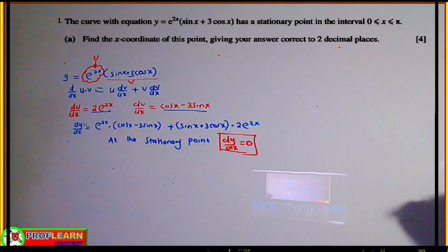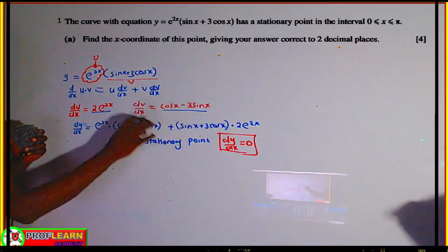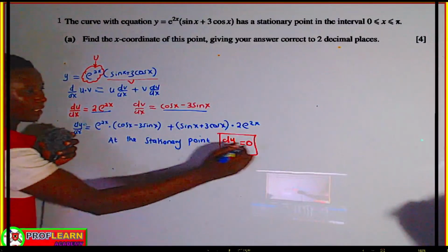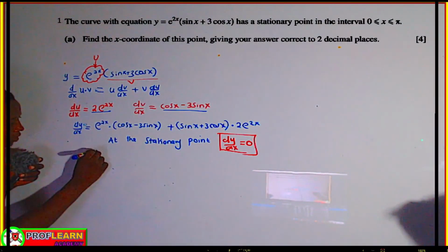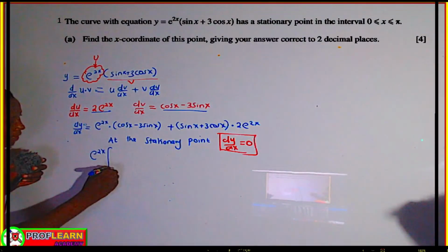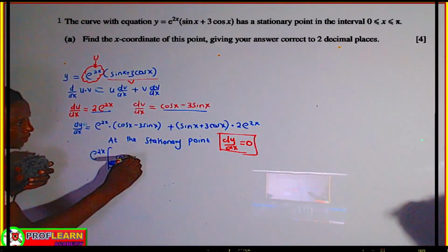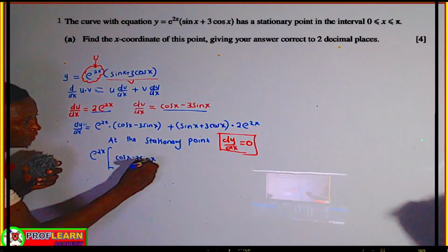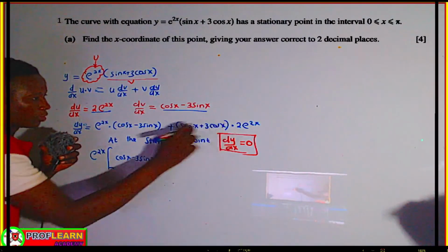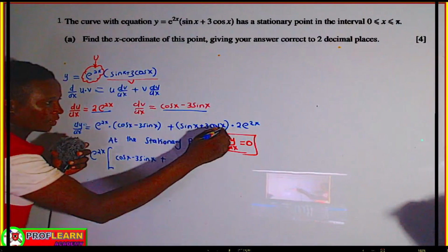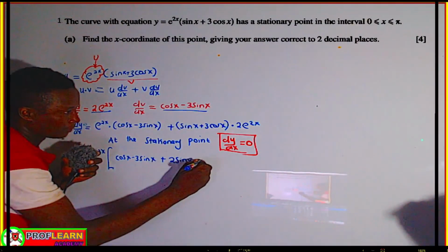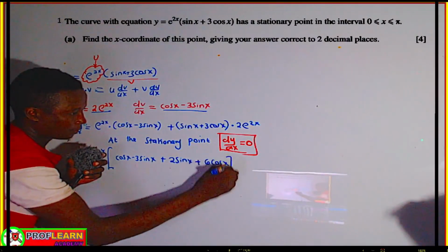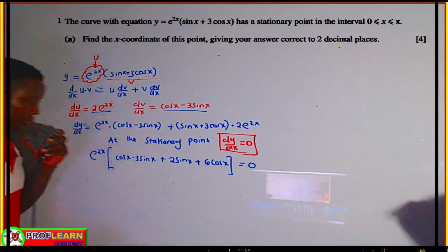So in order to proceed from here, the whole of this part that we have can be equated to 0. I'll factor out e to 2x. I'll have cos x minus 3 sin x, plus this 2 is going to multiply inside here because I've factored out, and that's going to be 2 sin x plus 6 cos x is equal to 0.